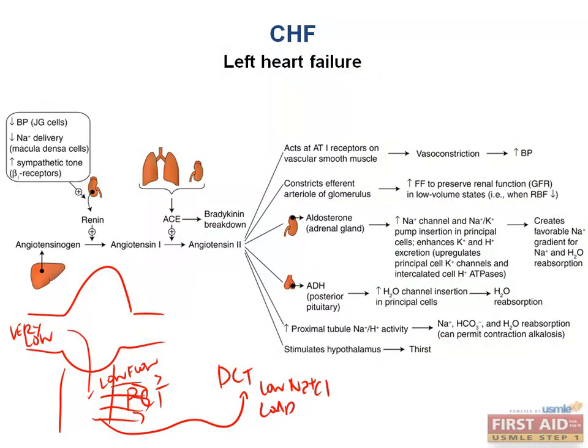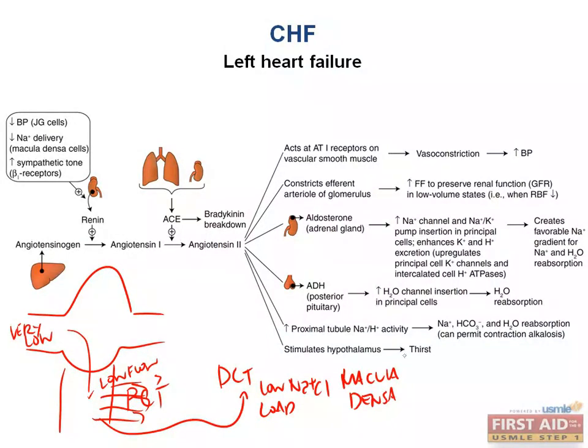And guess who does not like that? The macula densa. So the macula densa senses a very low sodium delivery to the cells of the distal convoluted tubule, and its job is to sense how much sodium it is sensing and control the glomerulus via tubuloglomerular feedback. That's a big word that you have to know.